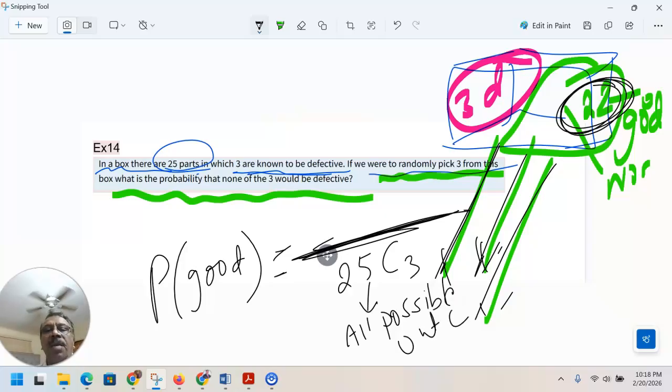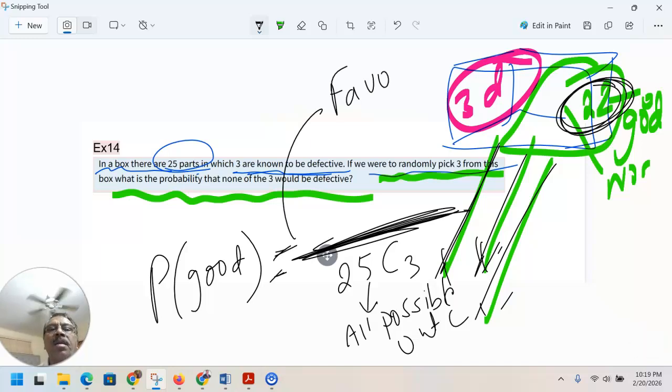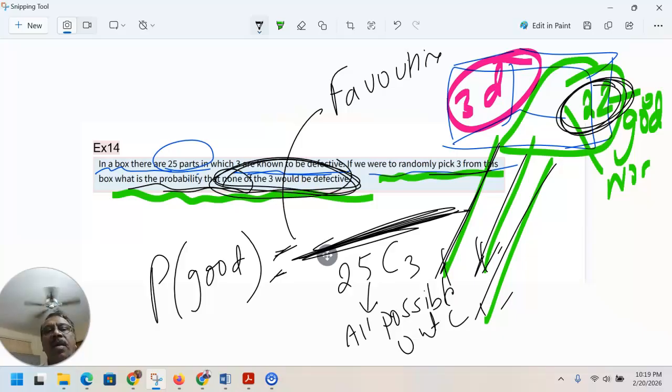But from this possible outcome, the top one is how many are favoring whatever they ask you. Non-defective. What is the probability that none of them is defective? It means good ones. The good ones are 22.